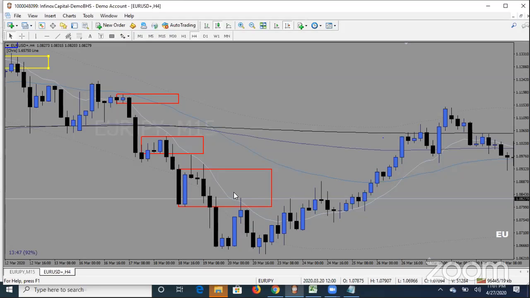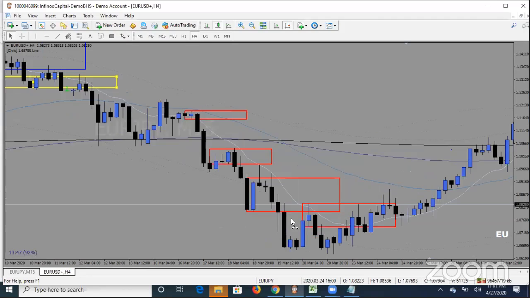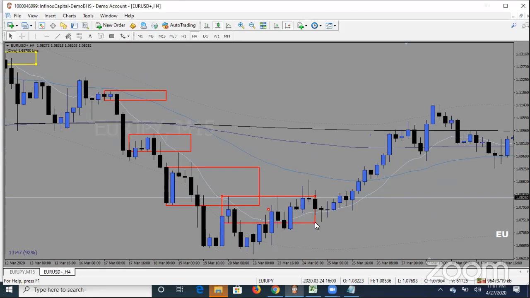Price traded into that order block and dropped, giving us a lower low right about here. Then the order block becomes this last bullish candle before the low was created. Price played along for a while and broke above here.